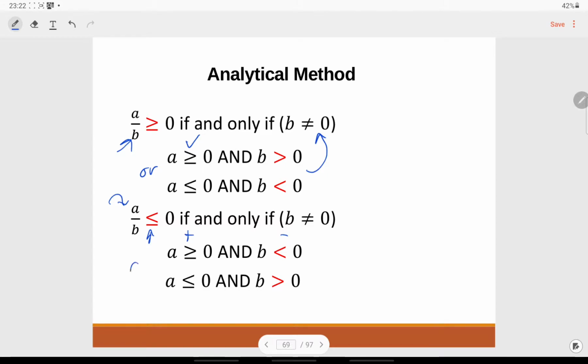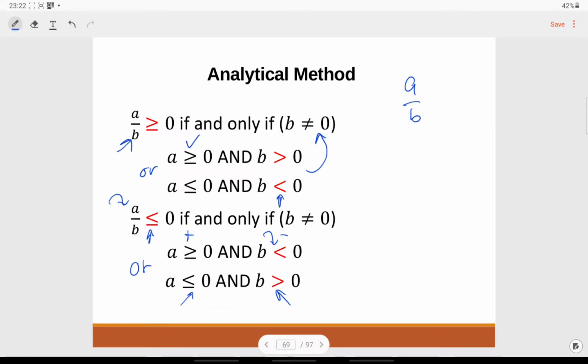Another situation for the fraction to be less than or equal to 0 is when A is less than or equal to 0 and B is greater than 0. So be careful when we consider the case for the ratio inequality: B must not have any equal sign, because we don't want B to equal 0, in order to keep the fraction defined.